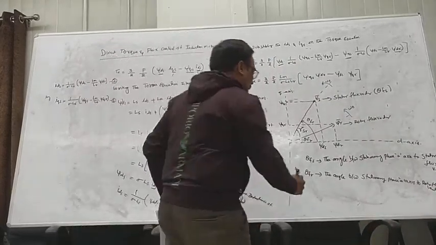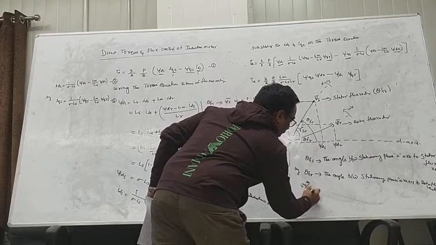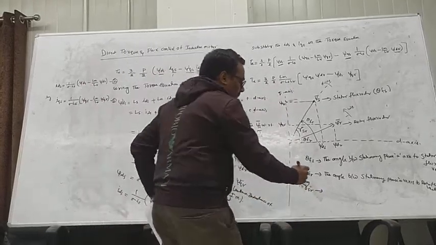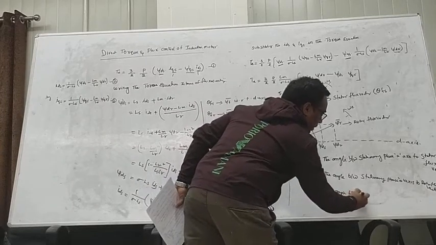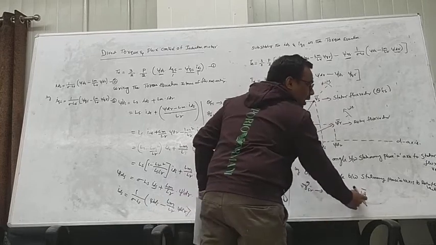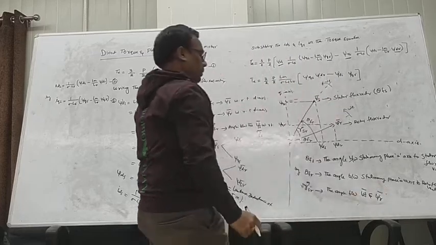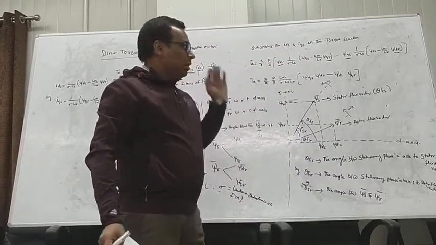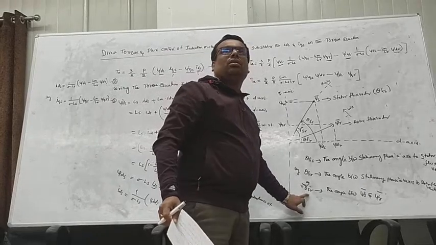And gamma SR is the angle between the stator flux vector and the rotor flux vector. You need to control this gamma SR to control the torque.